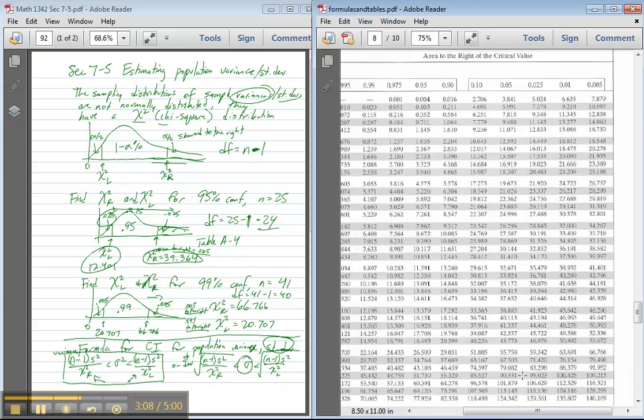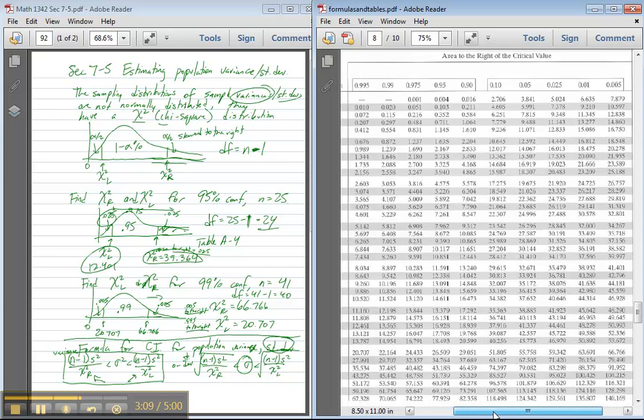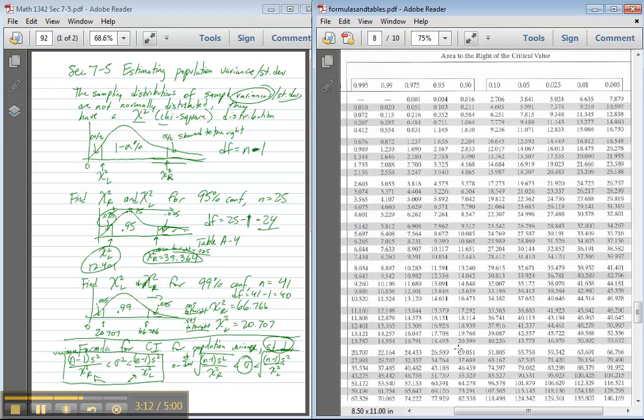So keep in mind, cut the area left over in the two tails in half. Your area to the right would be half of that, and then the complement of it is your area to the right of the left critical value. There's a bunch of area to the right. That's why we have these big numbers here, from 0.9 and on up, to the right of those critical values.